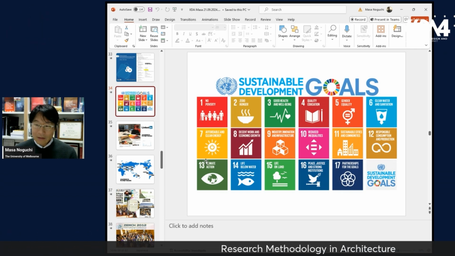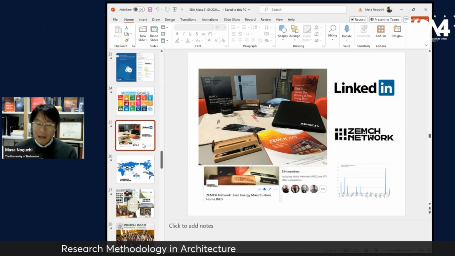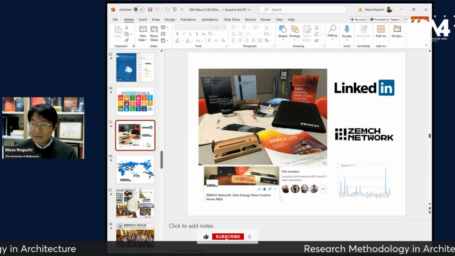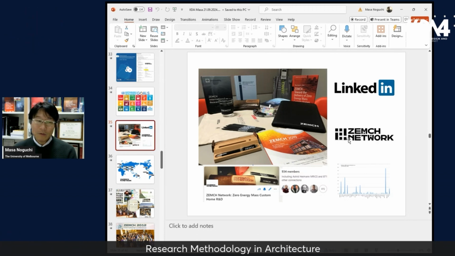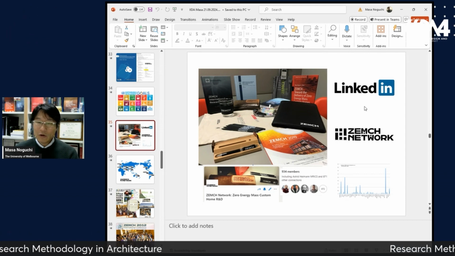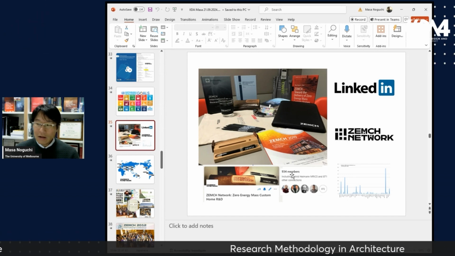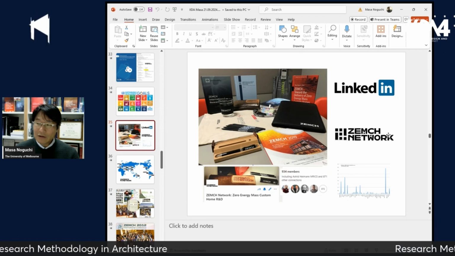So let me exemplify the partnership. In order to facilitate national and international collaborations, the ZEMCH research engagement network was established using a free channel, which is LinkedIn. Currently, 934 members have joined the research network for national and international collaboration.